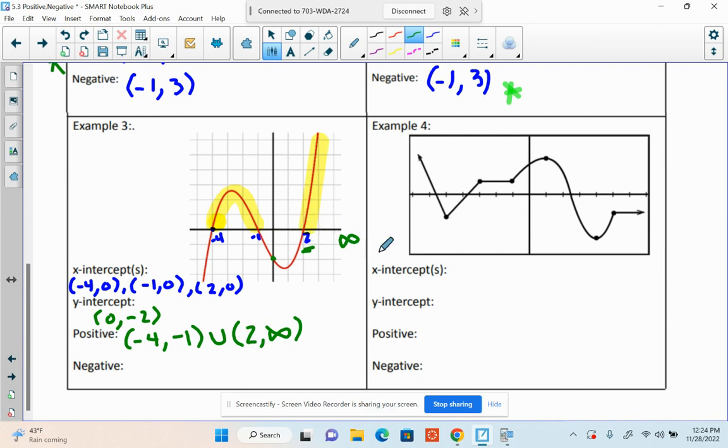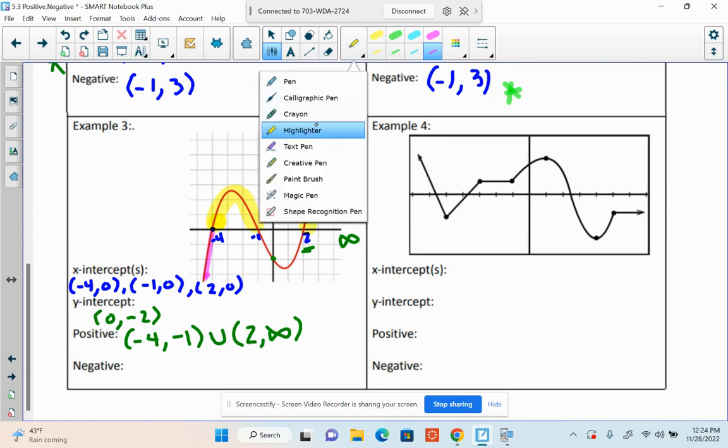And then negative. Now be careful, don't miss anybody. We've got negative y values. Where is it below the x-axis? It's going to be below the x-axis over here from -infinity to -4. So we'll write that part down.